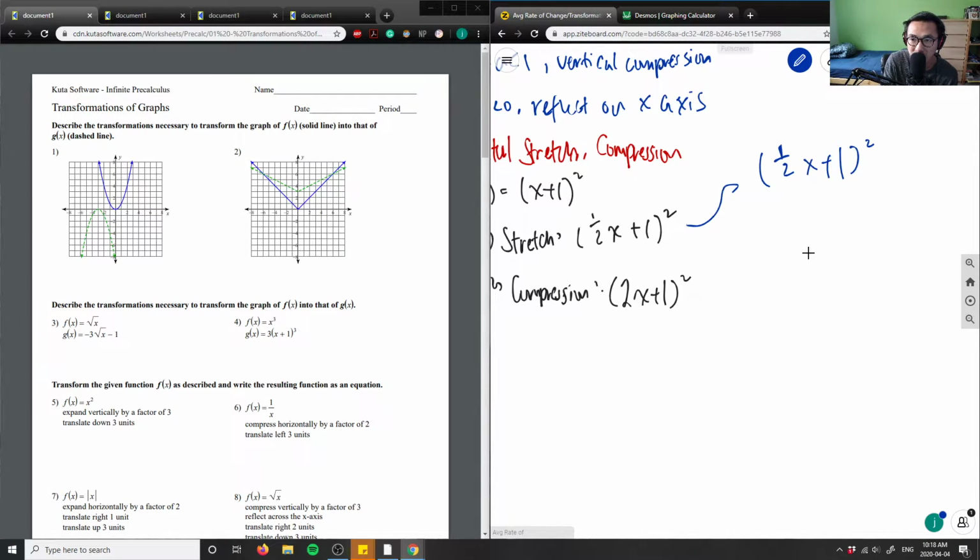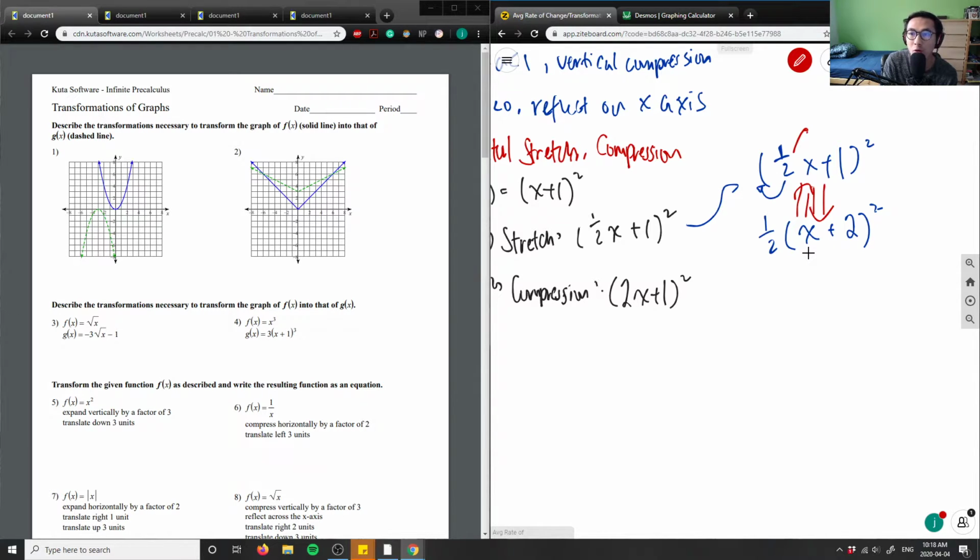So if I factored out this half to the outside, I would get half, and then I have x plus, and then what do I have to multiply to get 1 here? I have to multiply 2, right? 2 times half is 1, right? So I have to put 2 squared. And as you can see, this looks a lot like a different function, but in reality, it's actually the same function. So remember, these two are algebraically equal to each other.